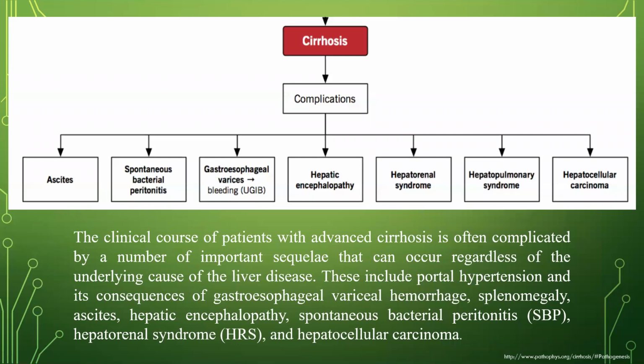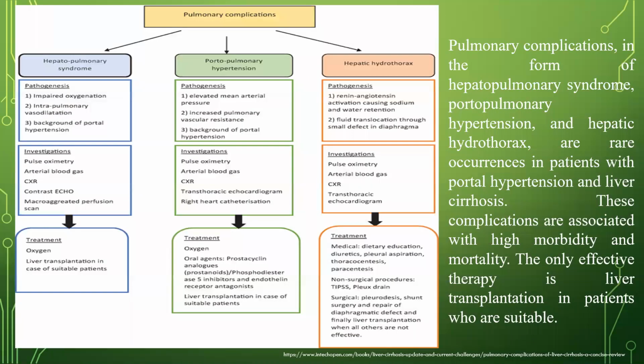The clinical course of the patient with advanced cirrhosis is often complicated by a number of important sequelae that can occur regardless of the underlying cause of the liver disease. These include, as already named, portal hypertension, gastroesophageal variceal hemorrhage, splenomegaly, ascites, hepatic encephalopathy, more severe and life-threatening spontaneous bacterial peritonitis, hepatorenal syndrome, and hepatocellular carcinoma, and also hepatopulmonary syndrome, which we discussed in this lecture.